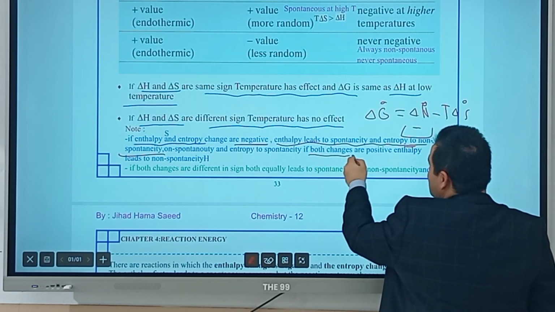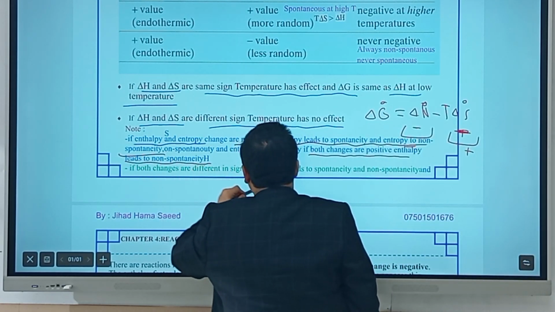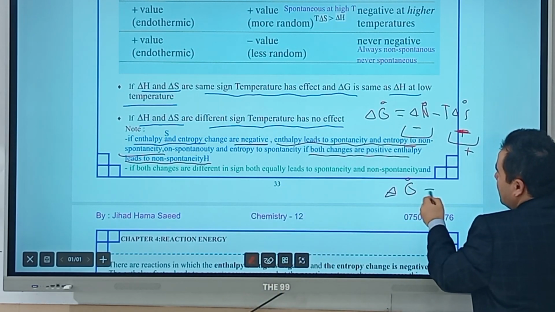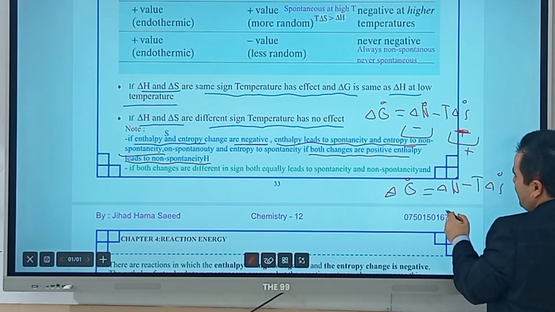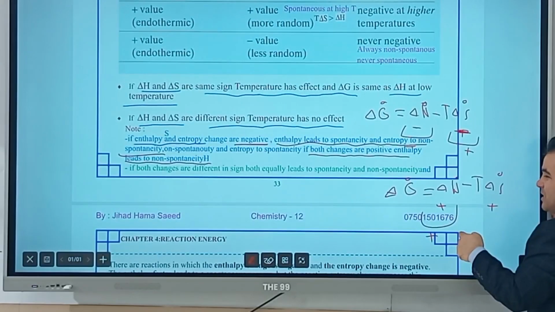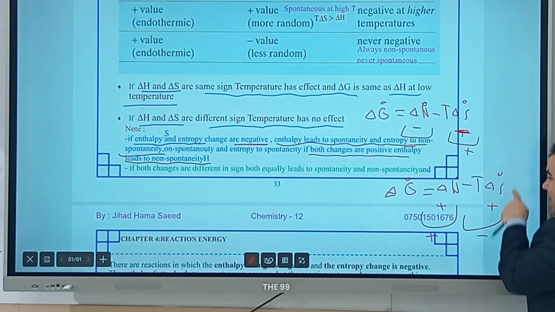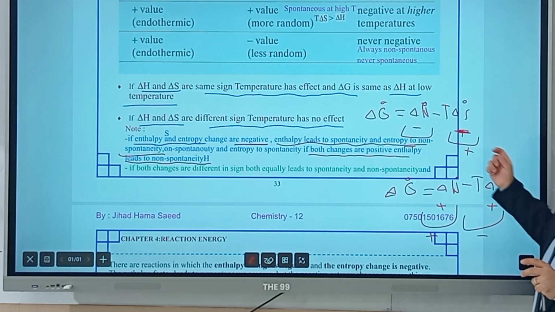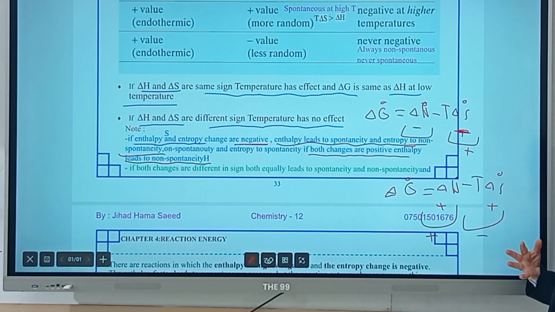If both changes are positive, enthalpy leads to non-spontaneity. If both positive, guys, delta G equals delta H minus T delta S. Positive according to enthalpy is non-spontaneous, but negative multiplied by positive is negative, according to entropy in this case is spontaneous. So whenever both are negative, enthalpy leads to spontaneity, entropy to non-spontaneity.